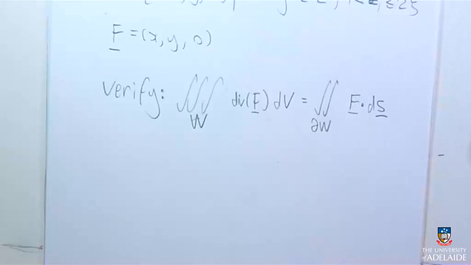The divergence is like a derivative, it kills one of the integrals, which is why it turns it from the triple integral to a double integral. Whereas in Stokes, you start with a double integral, but you've got a curl, and that is a derivative, which kills one of your integrals, which is why it turns into a single integral.